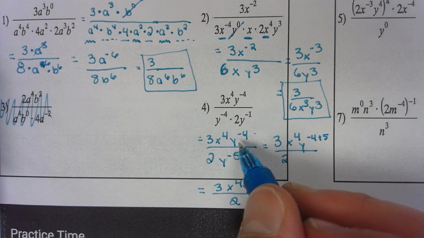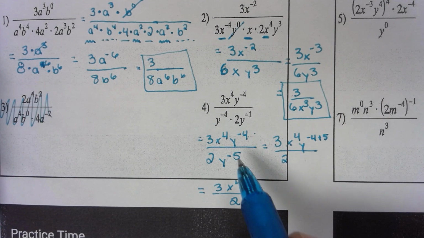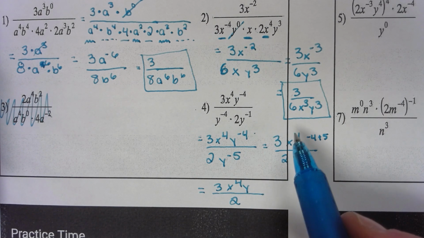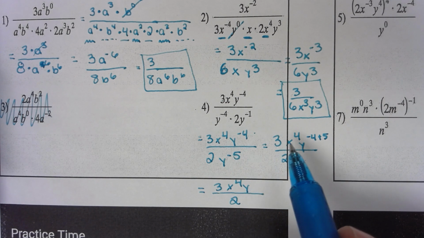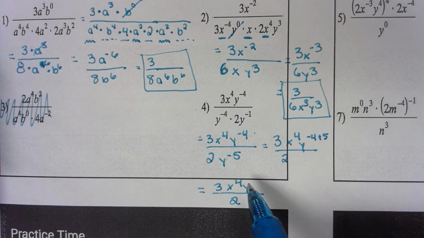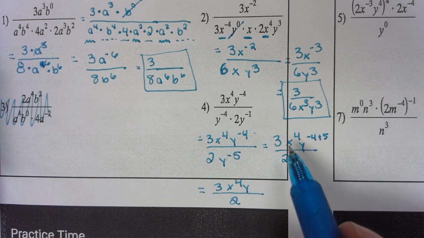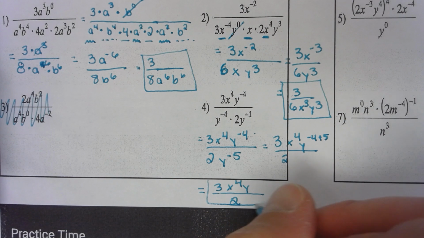Then I'm focused on this y to the negative 4 divided by y to the negative 5, where now I need to subtract those exponents. Again, the subtraction happens in that numerator. So it's y to the power of negative 4 minus a negative 5, which really means I'm adding 5, making that y to the power of 1. So I have 3x to the 4th, y to the power of 1, and that 2 is still in the denominator. This is as simplified as we can get.